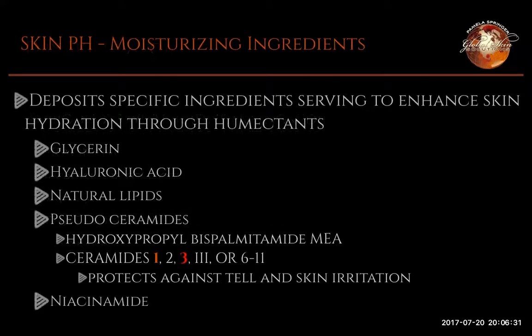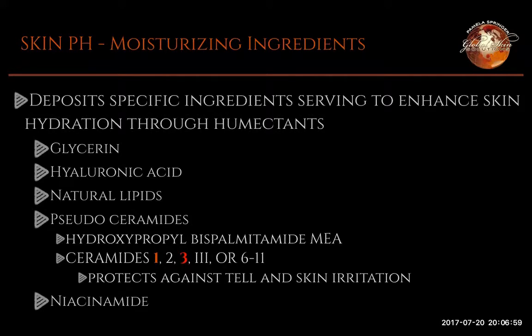So some of your moisturizing ingredients are glycerin, hyaluronic acid. We know hyaluronic acid is very popular. Natural lipids, pseudoceramides. These pseudoceramides basically really are very moisturizing, and they also give the skin a very smooth texture, and it protects against that irritation.